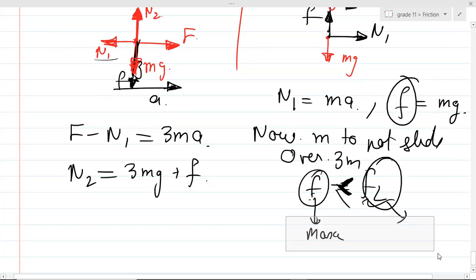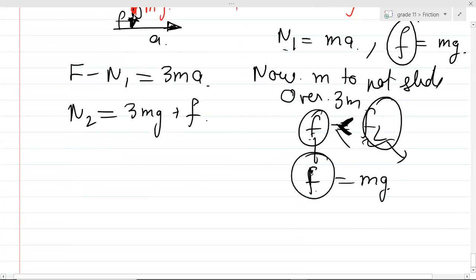Can you give me the equation? So F is equal to mg. If I do this as maximum, now you can solve it directly, no?